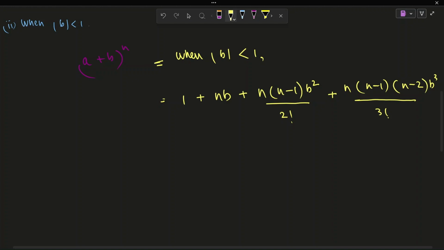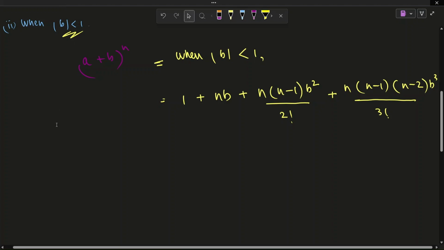Now I hope you're seeing a pattern because I don't want to write this forever, but it's going to go on until n minus 1, n minus 2, n minus 3, n minus 4, and b to the power 3, 4, and 5. And the factorials on the denominators keep increasing as well. So that's all you need to know in this area. But be mindful, if they ask for a question as to why you're using this, say that the modulus of b value is less than 1. If you write this, you're going to be sorted.